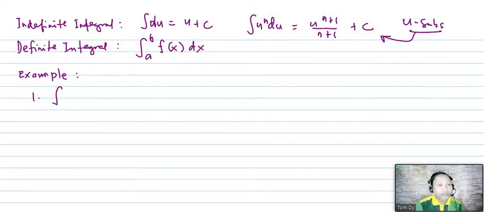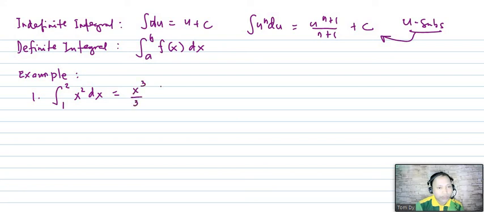Take note, the idea here is to apply indefinite integral and then substitute the limits. Let's say lower limit is 1, upper limit is 2, and then x squared dx. When we solve this one, the integral of x squared dx equals x cubed over 3.